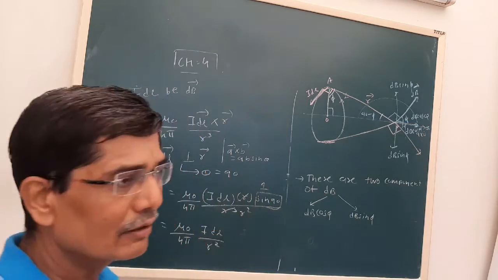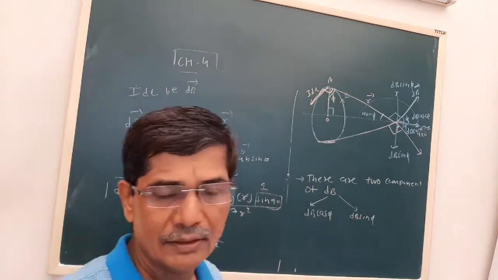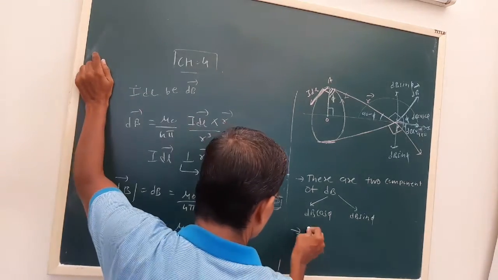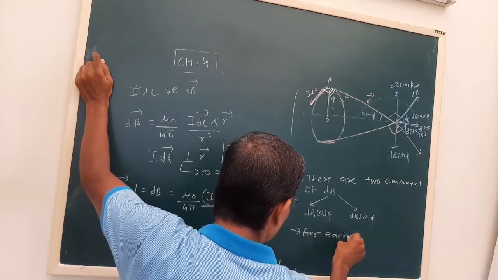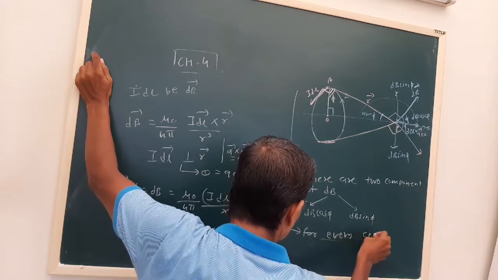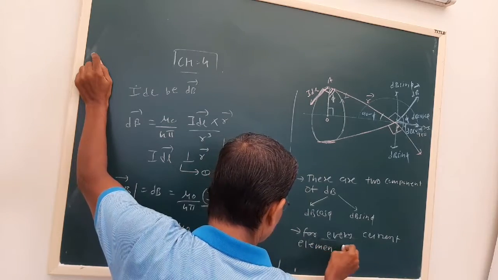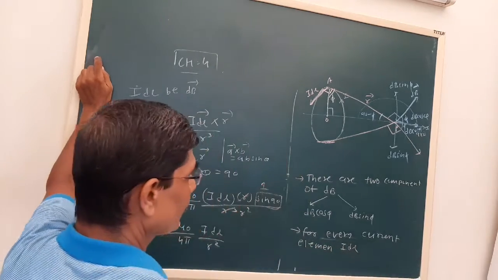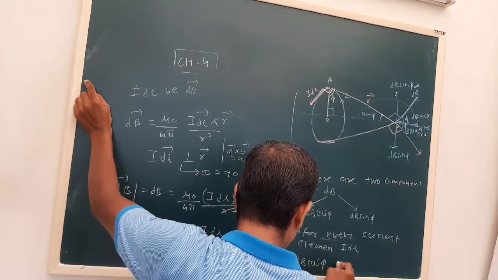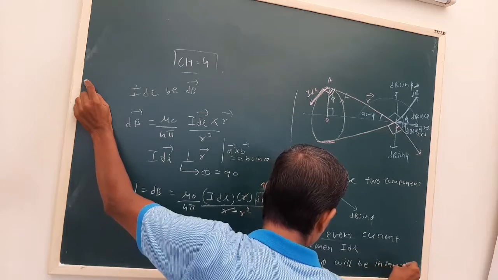Now this will be the case for all the points on the circular ring. So for every current element IDL, dB cos phi will be in the same direction.